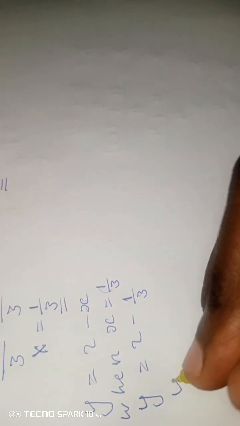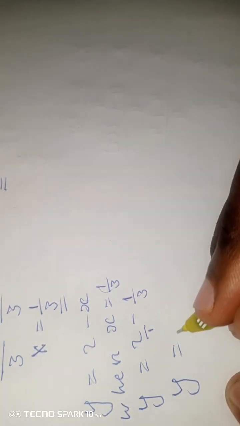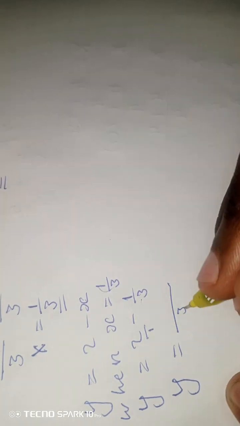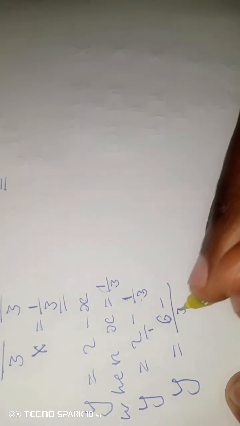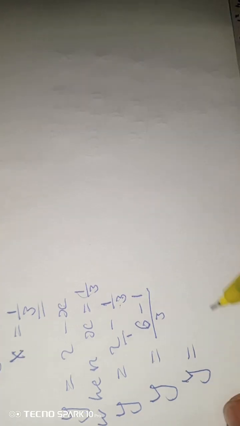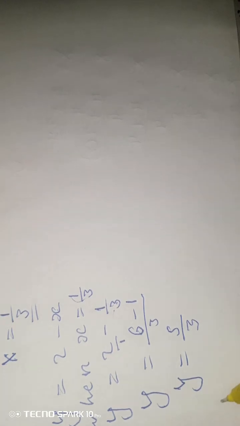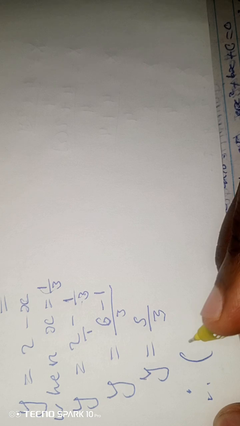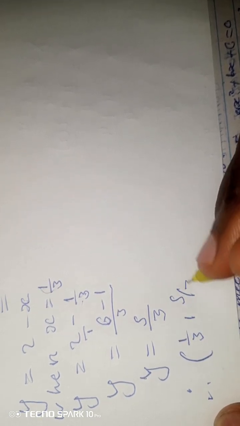So y equals to, there I'll put 1, and the common denominator here to be 3. So 1 into 3 is 3, 3 times 2 is 6, minus 3 into 3 is 1, 1 times 1 there it will be 1. So our value for y here is 5 over 3. Therefore our first coordinates will be 1 over 3 comma 5 over 3.